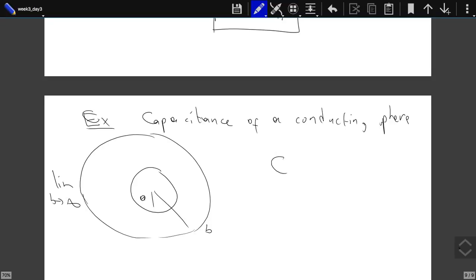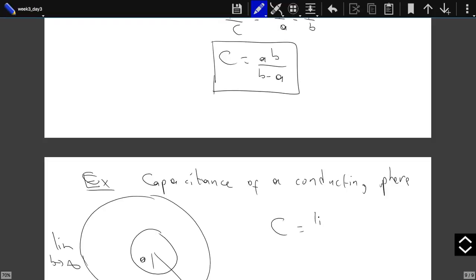And hence the capacitance is equal to the limit as B goes to infinity of AB over B minus A, which is just A. That's the radius of the sphere.